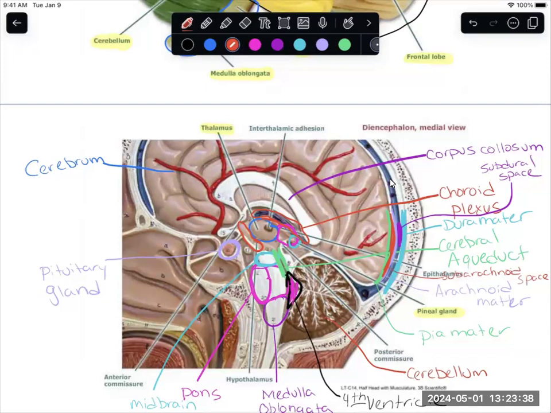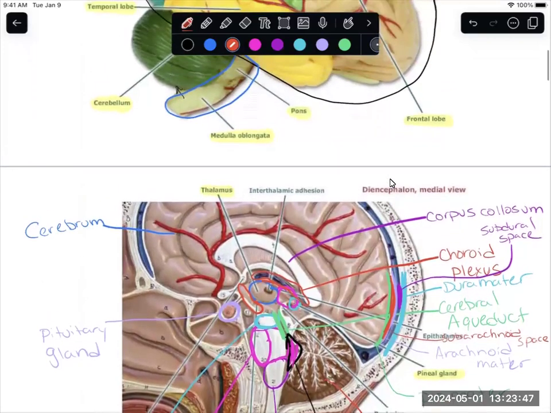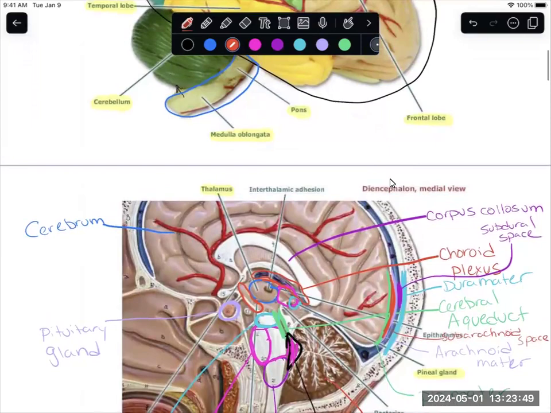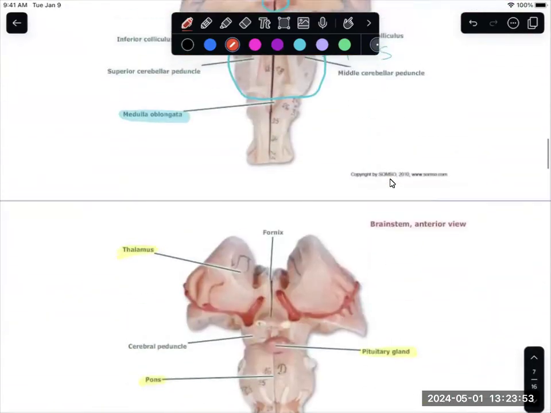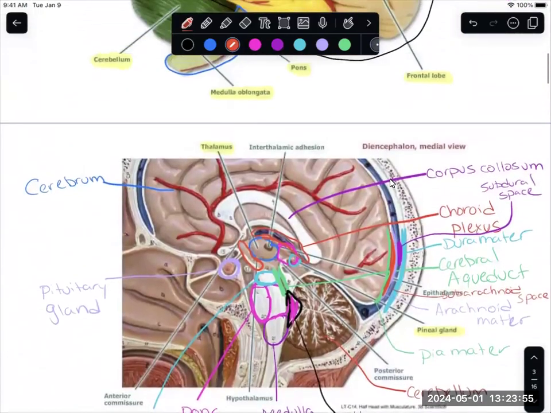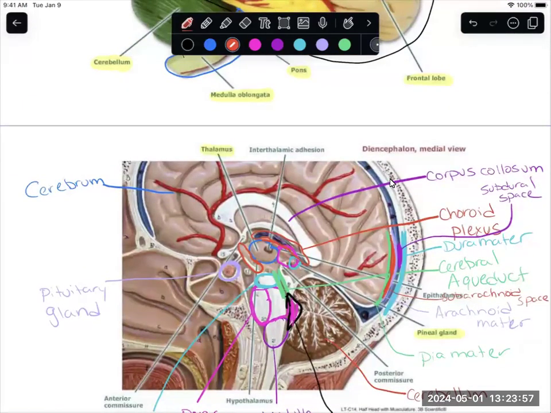And I was just trying to make sure there wasn't anything else that I was missing that we can see on any of these pictures. The superior sagittal sinus, there is not a good picture of that. A sinus would actually be this blue up along here.